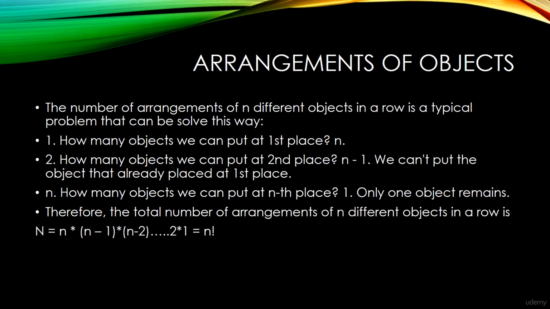How many objects can we put at nth place? 1. Only one object remains. Therefore, the total number of arrangements of n different objects in a row is equal to n into n minus 1 into n minus 2 and so on into 2 into 1, which is equal to n factorial.